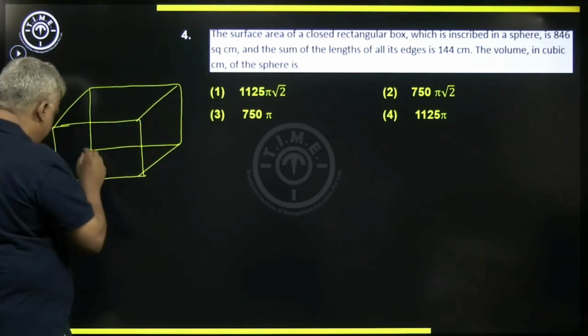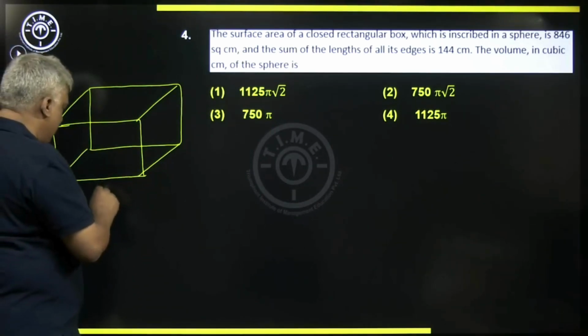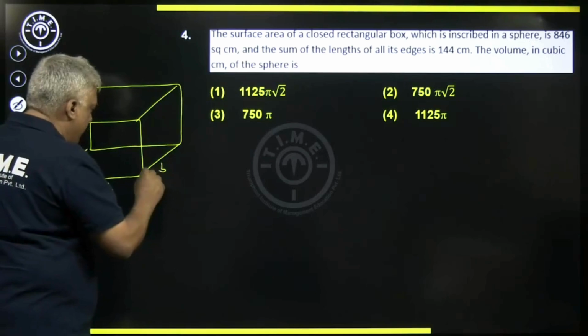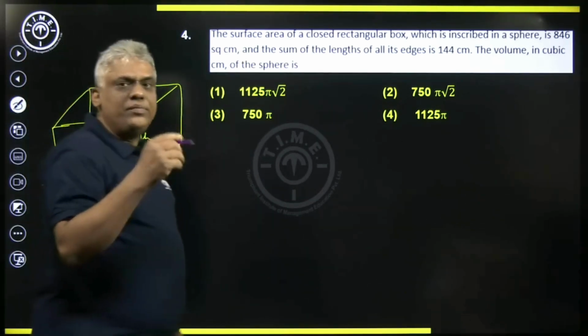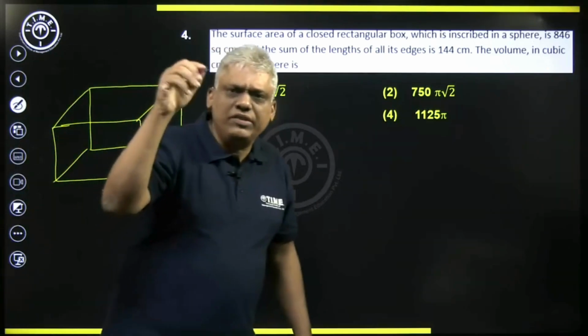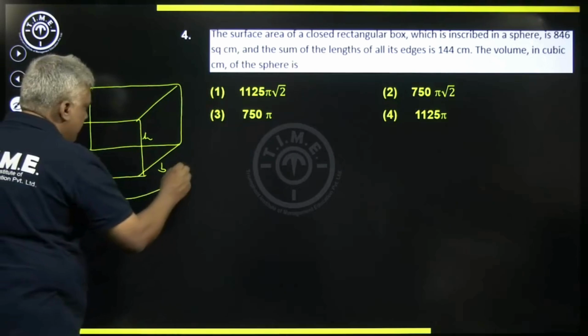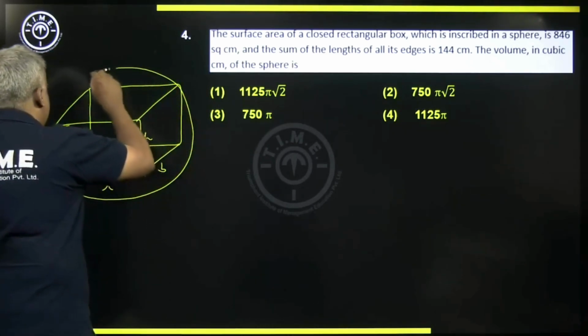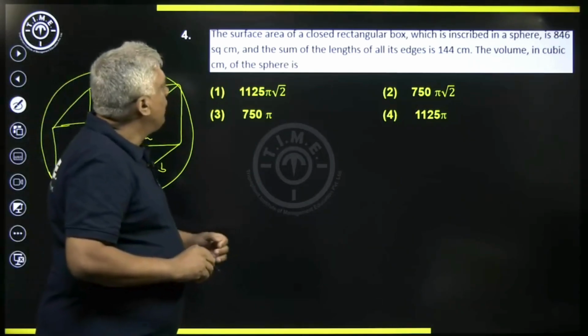Let us say this is the length, this is the breadth and this is the height, and it is inscribed in a sphere. I am just drawing a cross section of the sphere.